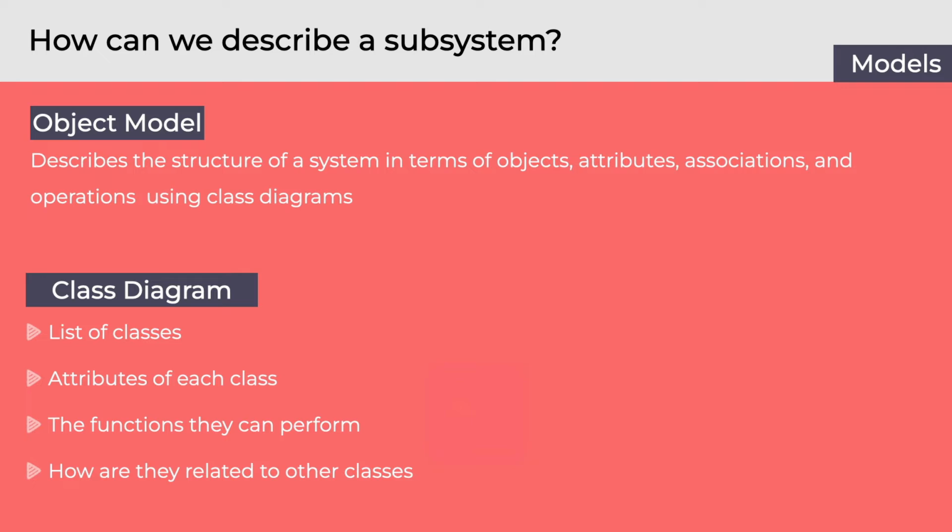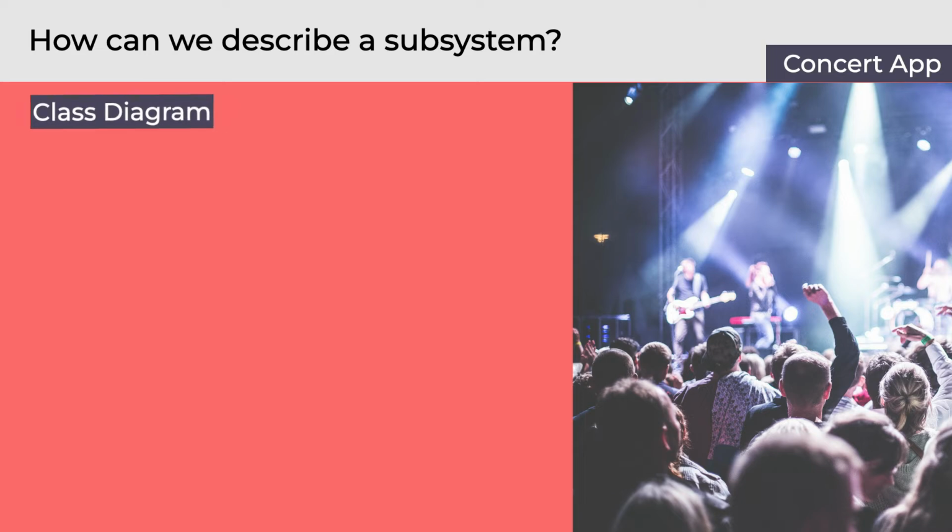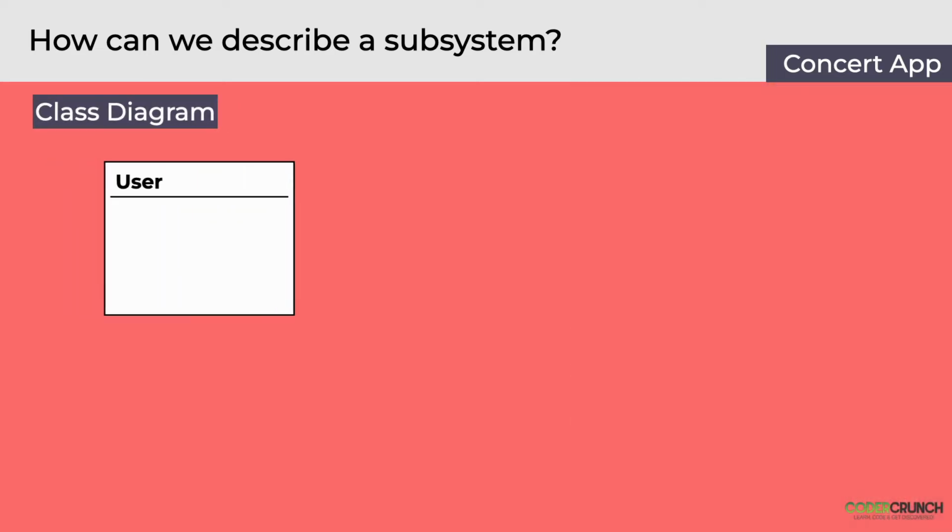Let's go through a simplified class diagram in order to learn more about the object model. In our example system, the concert app, we have identified the following classes. User. User is a class that represents a generic user. The user has properties like name, the details about the user, and their location.